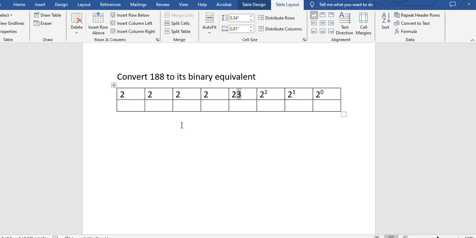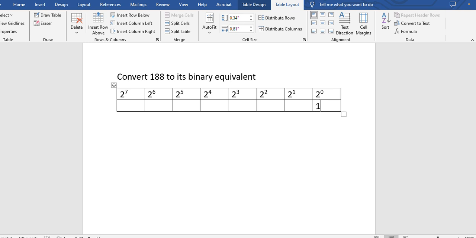The next one here is 2 raised to power 1, and this one is 2 raised to power 2, and this is 2 raised to power 3. This is 2 raised to power 4. This is 2 raised to power 5, and this is 2 raised to power 6, and finally we have 2 raised to power 7.